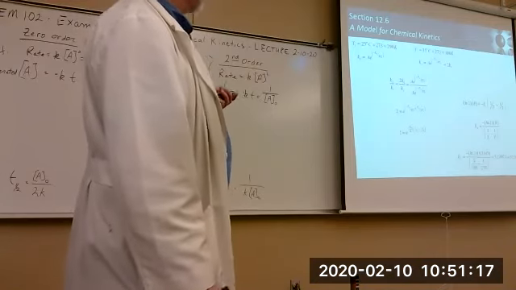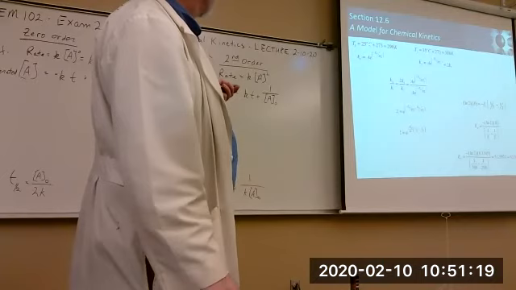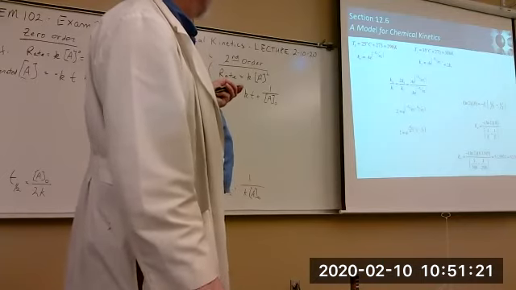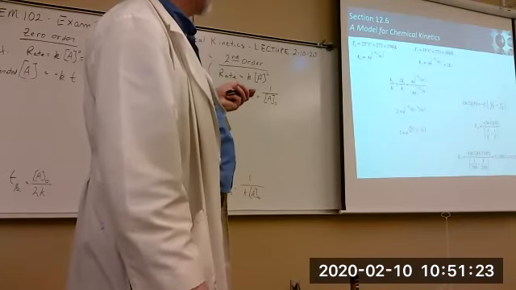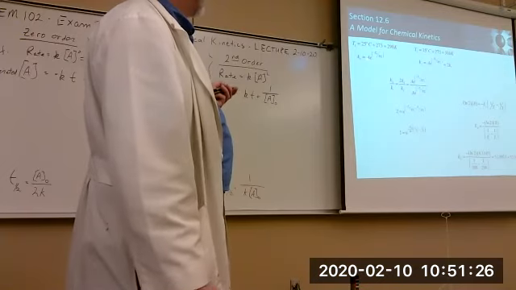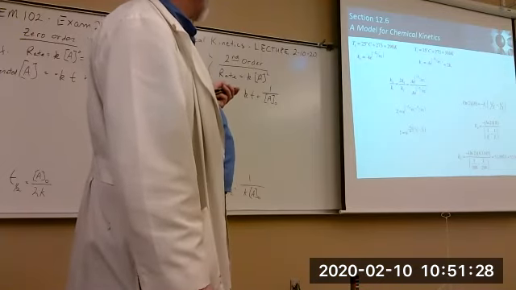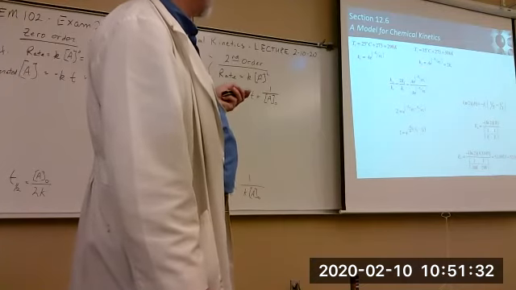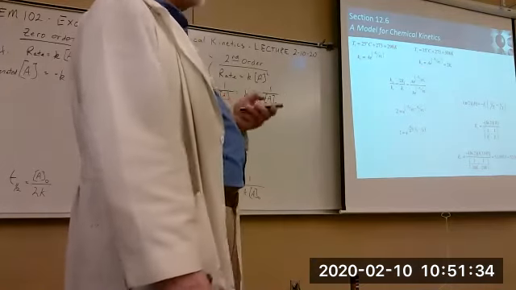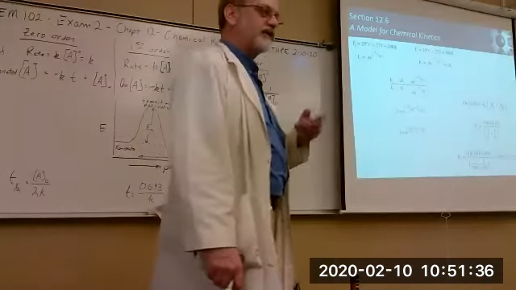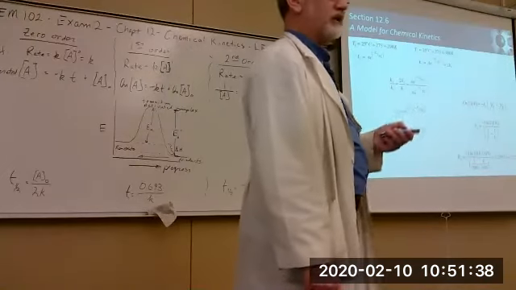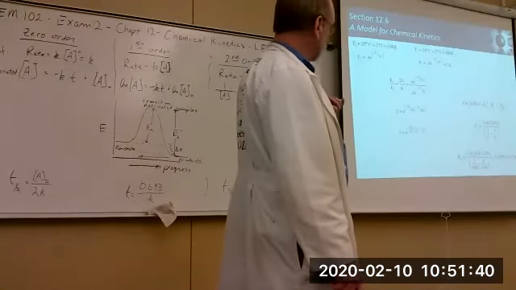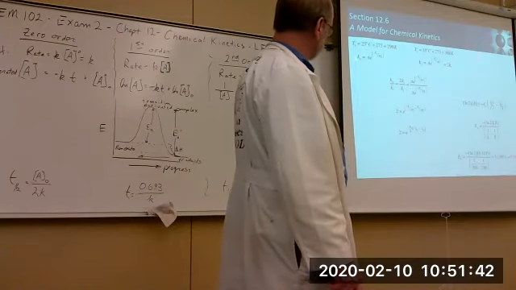We're saying that for this reaction, at 298 K versus this temperature, 308 K, this has one reaction rate, and the higher one has a different reaction rate. But the reaction rates are related because the second reaction rate is twice the first one.